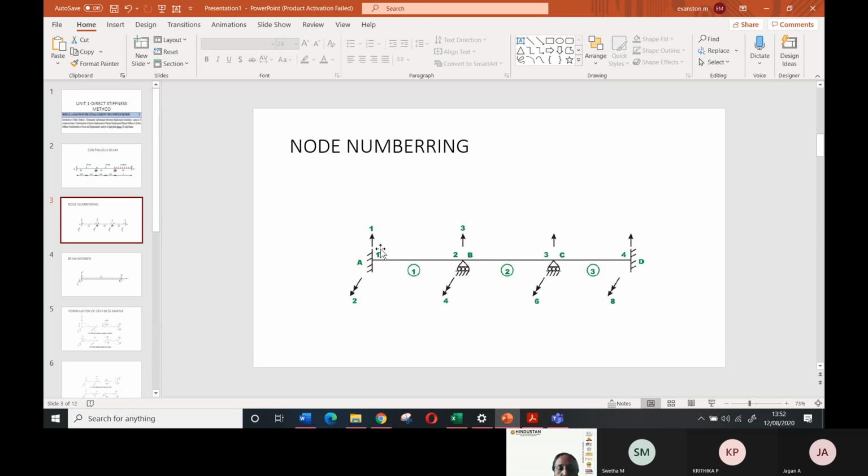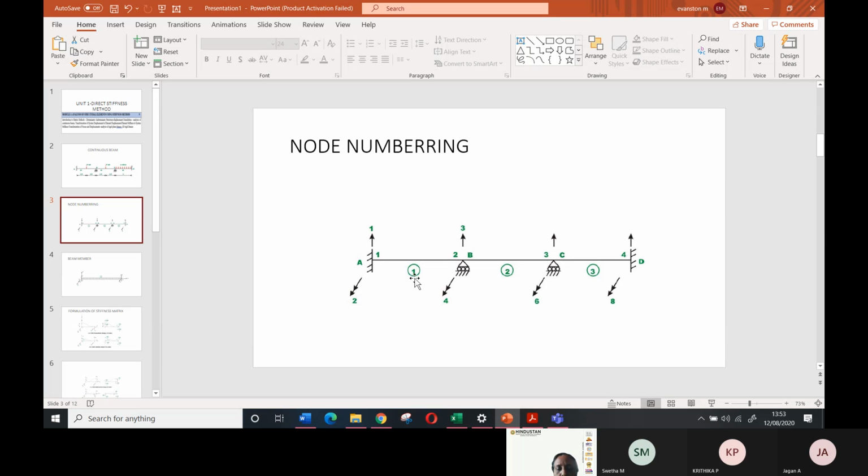And something else also I have marked as 1, 2, 3, 4, 5, 6, 7 and 8.